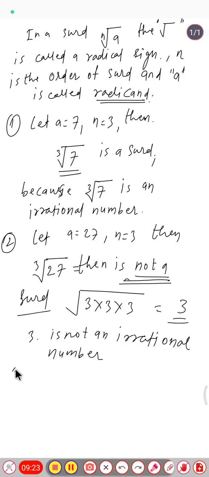We'll see one more example. Here a is 8 and n is 4.